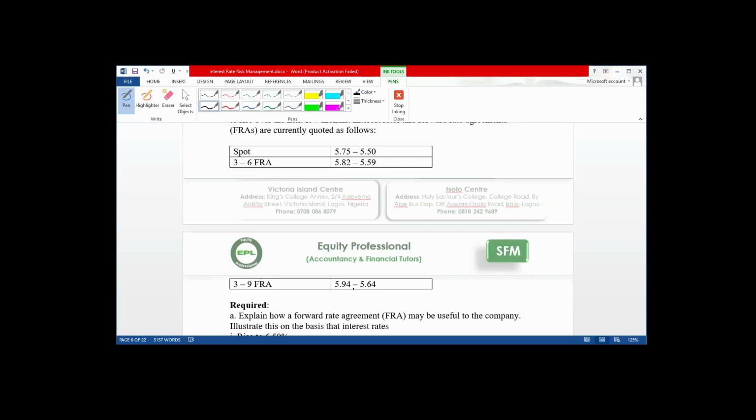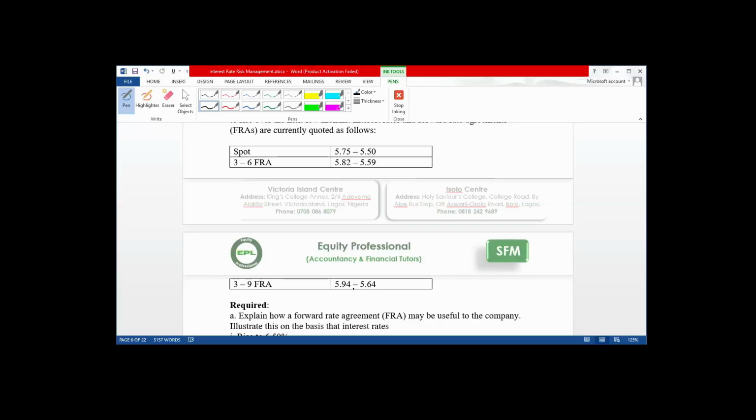This franc rate may result in compensation paid or compensation received if the actual interest rate is higher or lower than the franc rate.